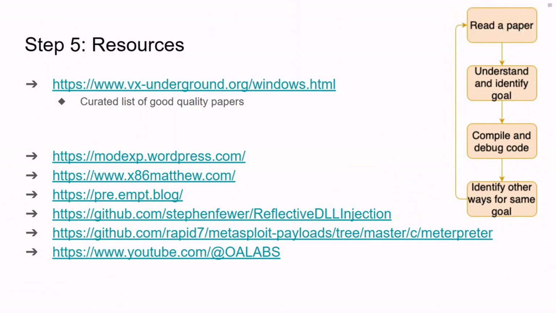Slowly but surely, I'd make my way through the paper, understanding why and what is going on. I'd identify the goal of any associated code with that project. Then if there was code, I'd try to compile and debug it and see if there are other ways I can achieve the same goal with different code, with different APIs.